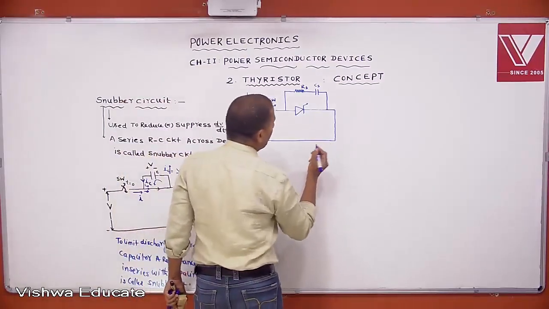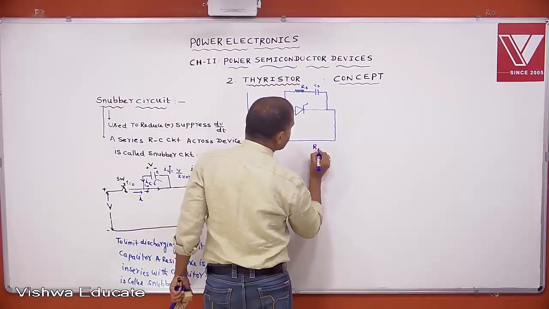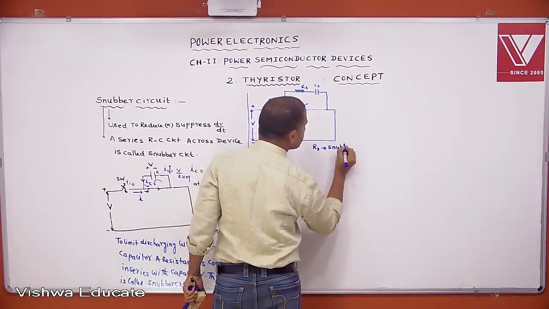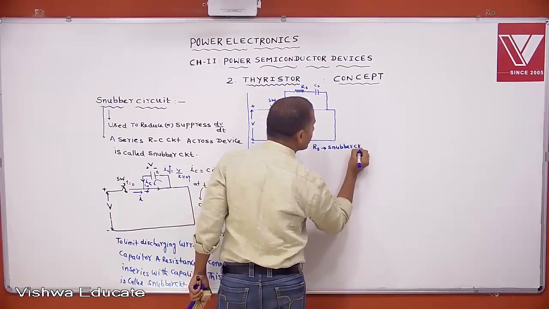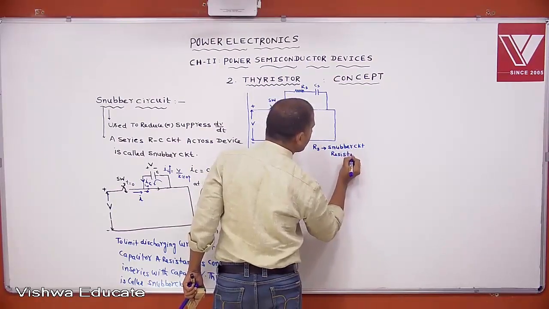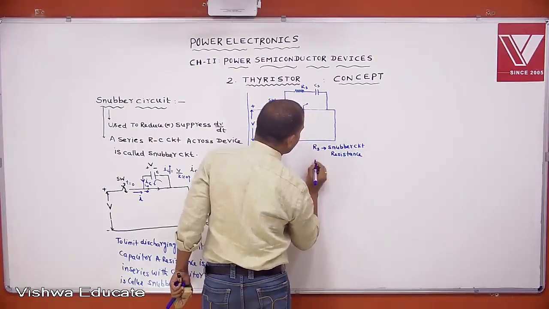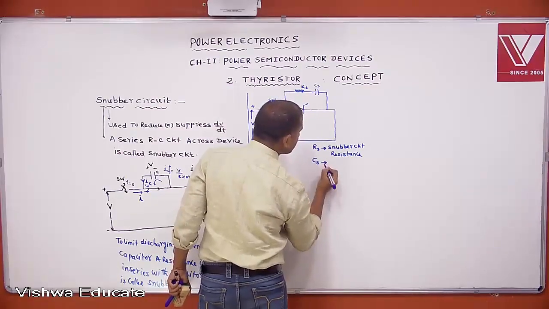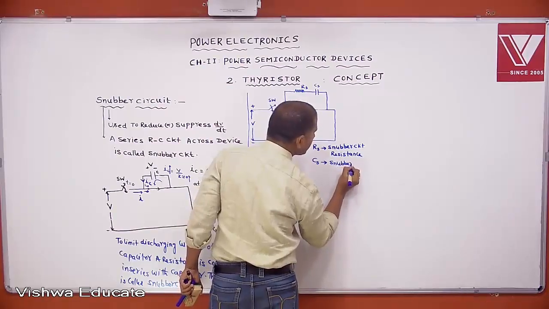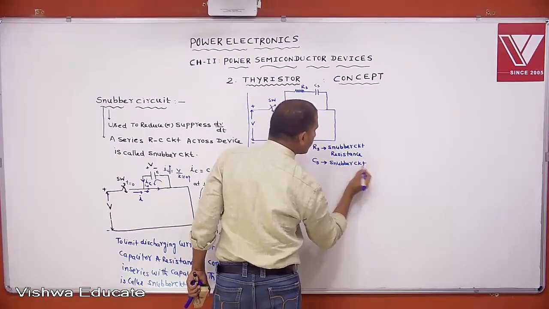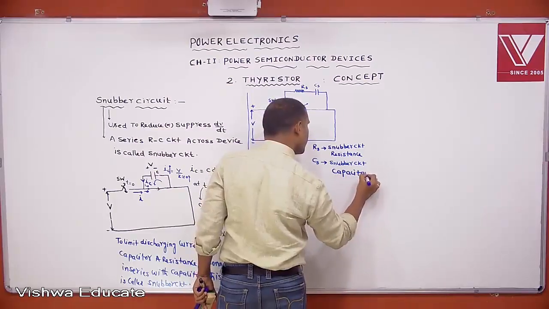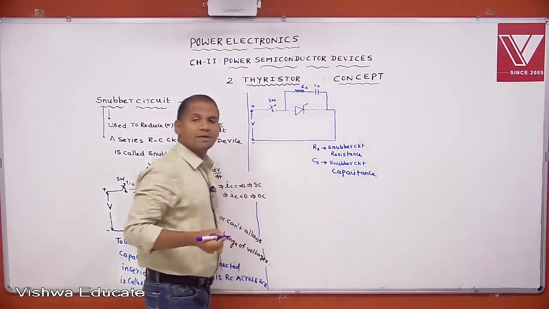Where RS is the snubber circuit resistance, and CS is the snubber circuit capacitance.